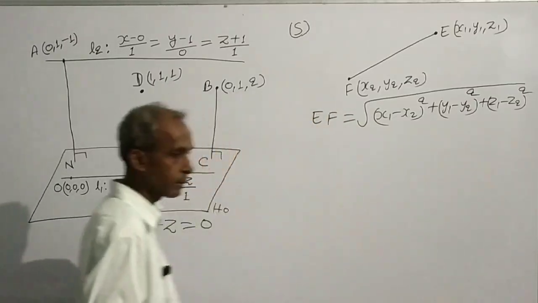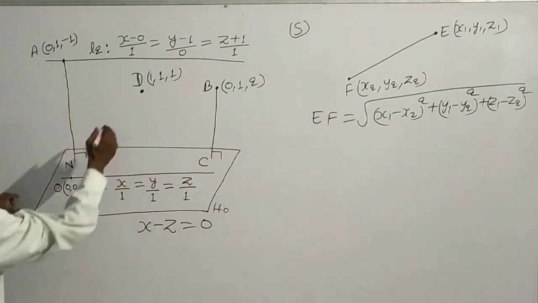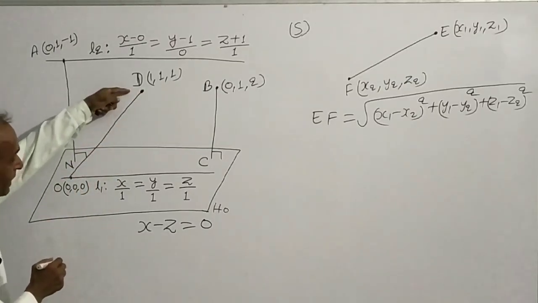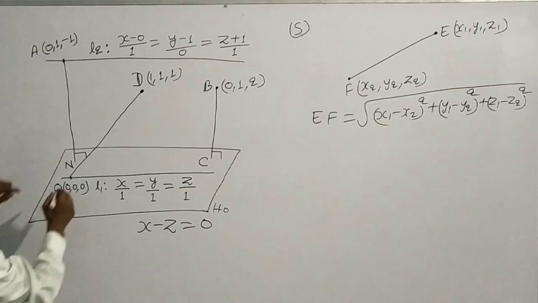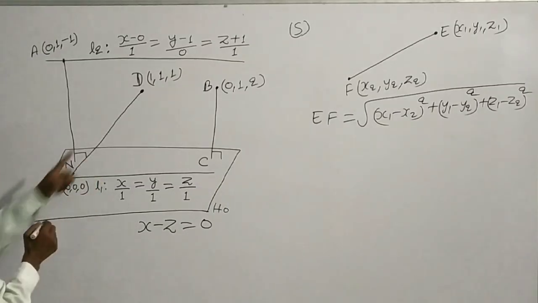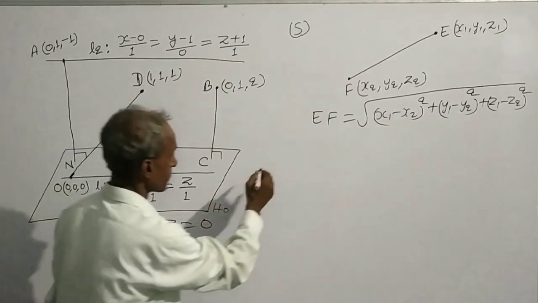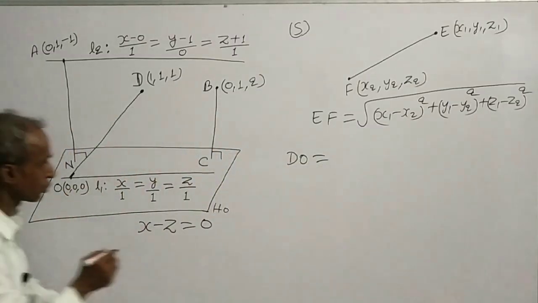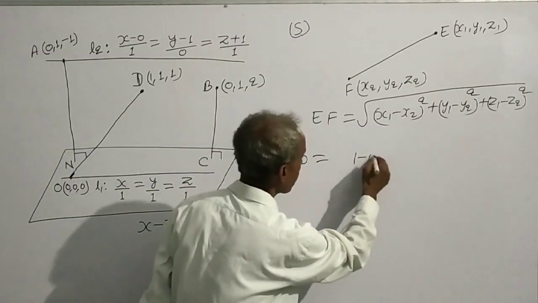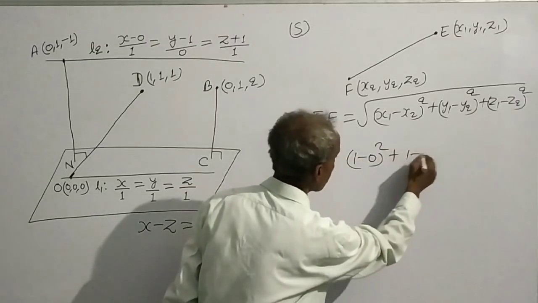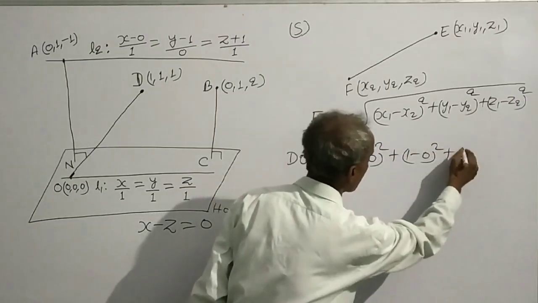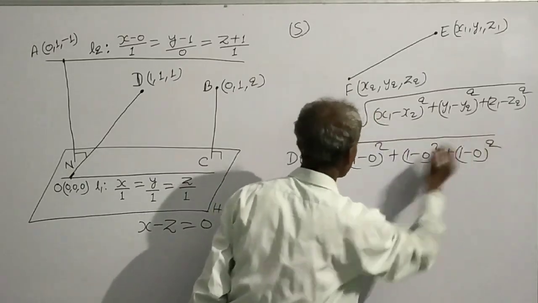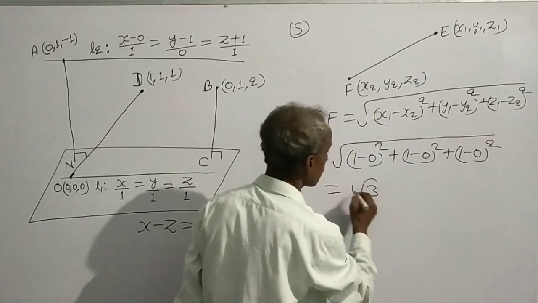By using this formula, the length of line segment DO, where point D meets the origin O, will be root under 1 minus 0 square plus 1 minus 0 square plus 1 minus 0 square, that is equal to root 3.